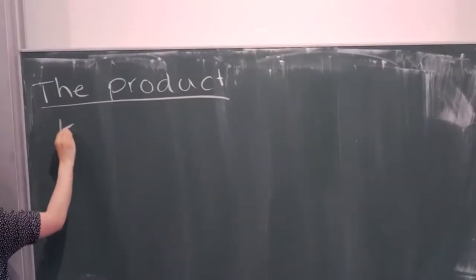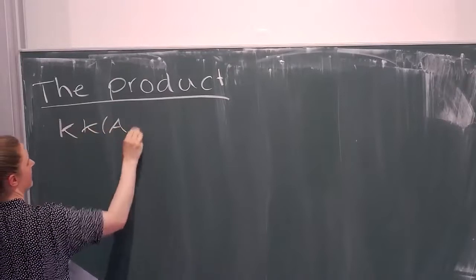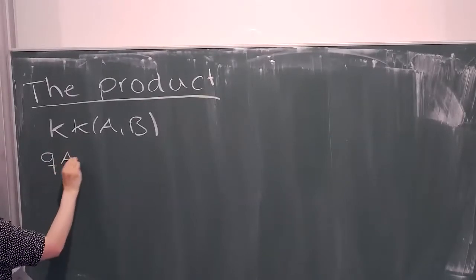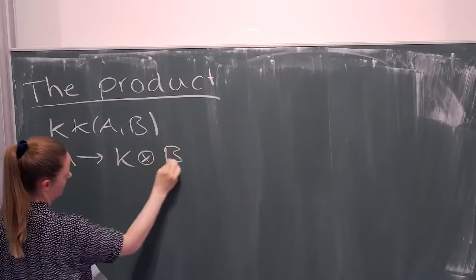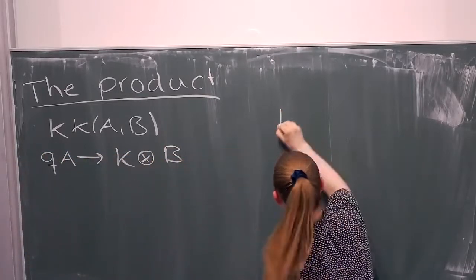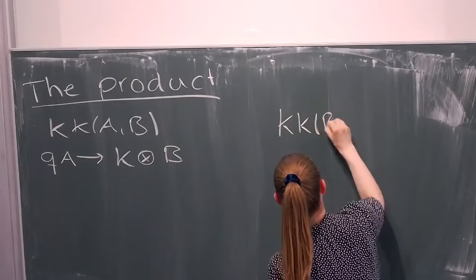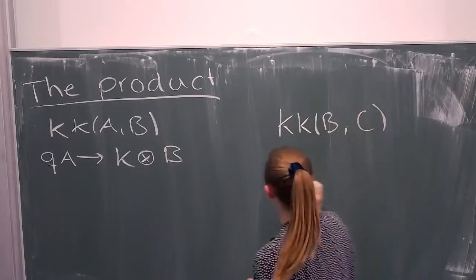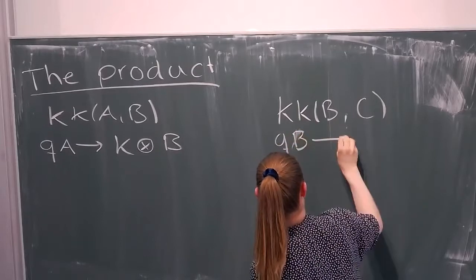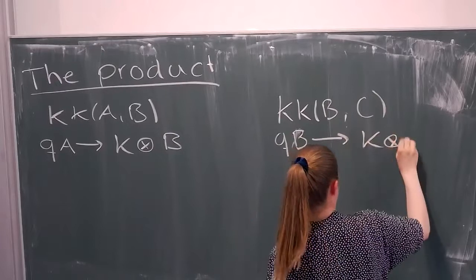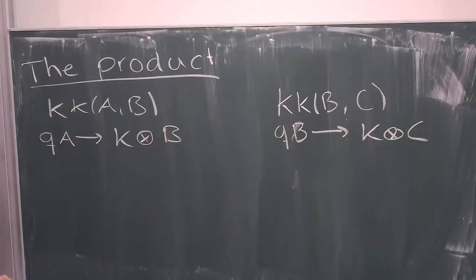So if we take an element inside KK of B, in this picture here, so a map from QA to K tensor B, and we take another one, B to C. So here we have a map from QB to K tensor C. And now the question is how to compose these two maps, because then we would have a product.